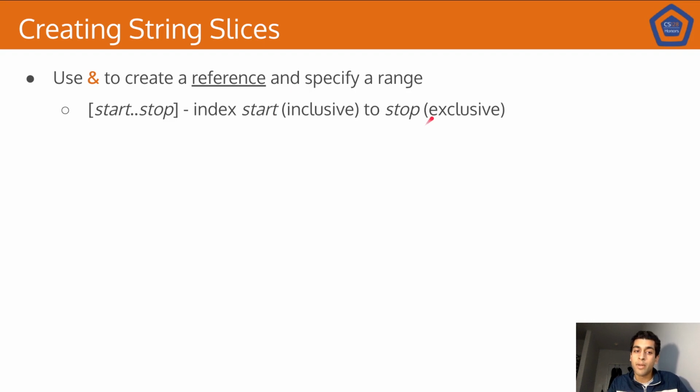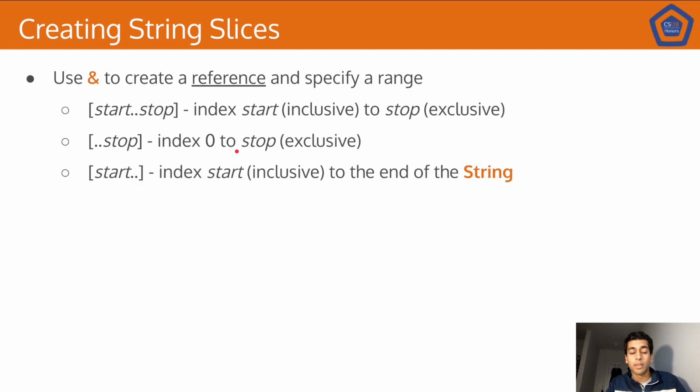Or you can not specify a starting index, just go to some end. If you don't specify a start, Rust will assume that you mean start at index 0, inclusive, and stop, exclusive, at the stop. You can also do the opposite: start at some index and go to the end, and Rust will assume that you want to end at the end of the string.